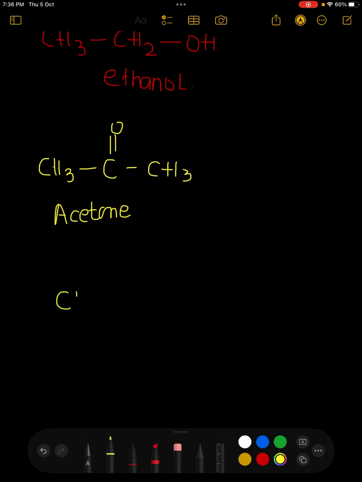Now let's consider CH3 C double bond O H. This is acetaldehyde. This is basically propanal.